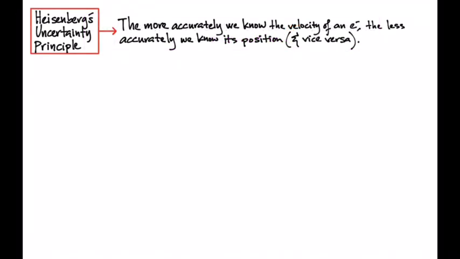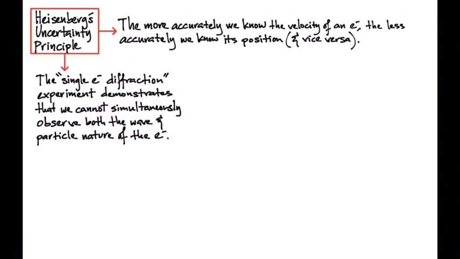With regards to the velocity of an electron, according to Heisenberg's uncertainty principle, the more accurately we know the velocity of an electron, the less accurately we know its position, and vice versa. The experiment that de Broglie did to prove that an electron is a wave, called the single electron diffraction experiment, demonstrates that we can't observe the wave nature and the particle nature of an electron at the same time.